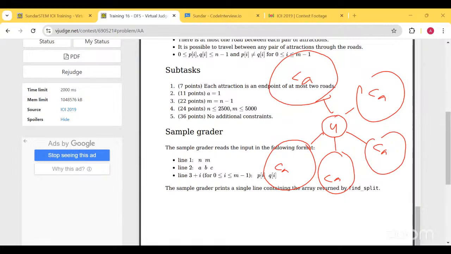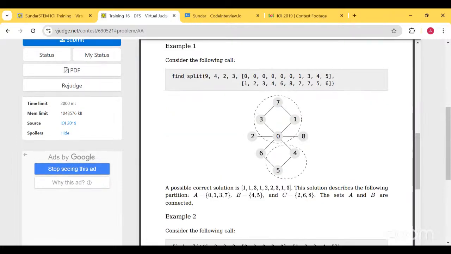For example, let's use this sample. If we choose this, then yes, actually this is just from a group, right? If it just becomes a group, then don't do that. Let's choose this node.